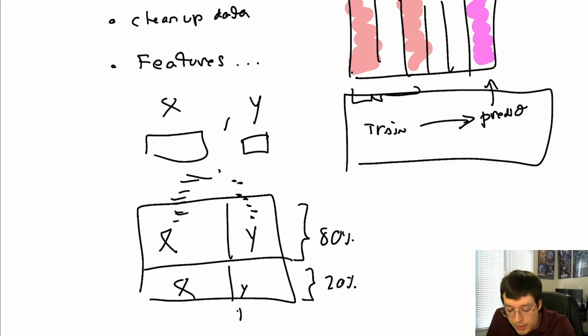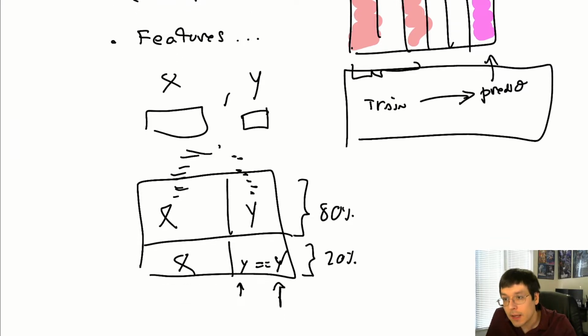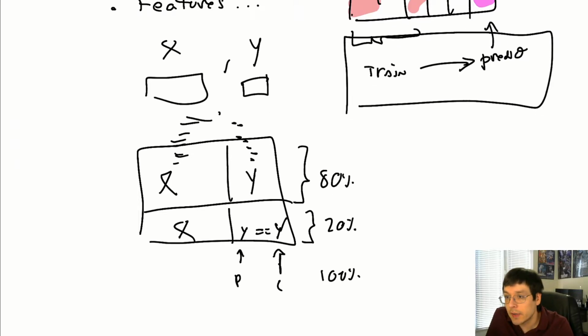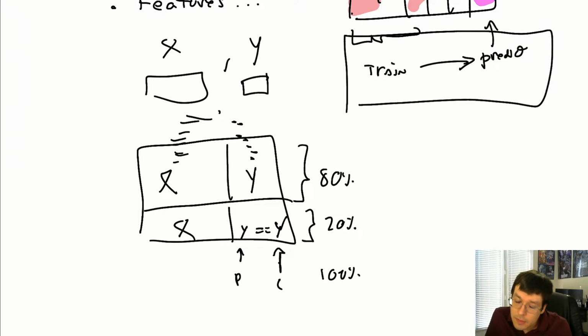And whatever Y I get, hopefully it's going to be equal to the Y that I expect, right? So this is the correct Y, and this is the predicted Y. And so hopefully they're equal. And if they're all equal, then I can say that I have 100% accuracy. If I get some that are not equal, then of course that lowers my accuracy, right?